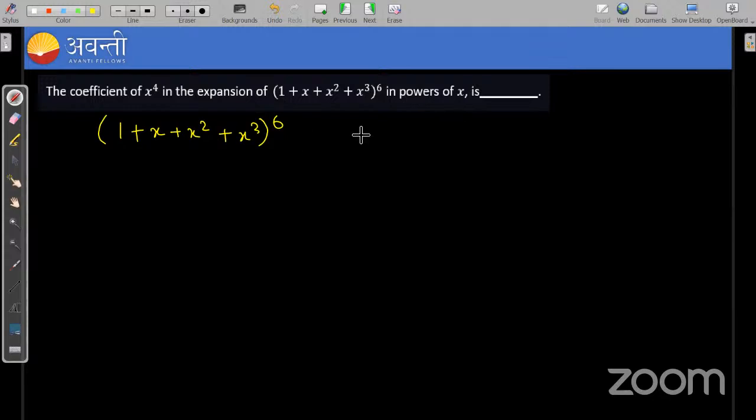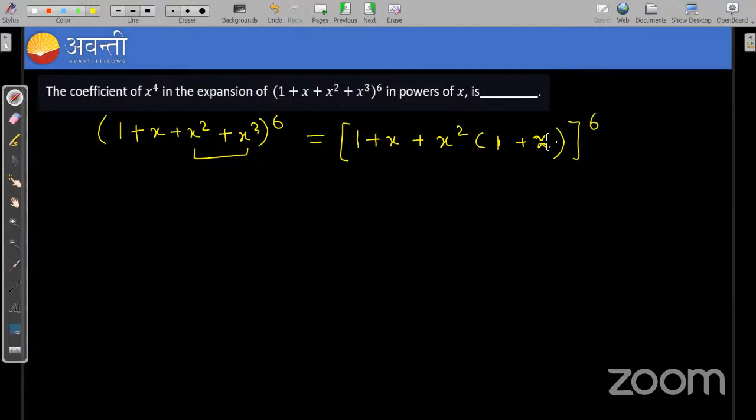This can be written as 1 + x, and if you take x square common from these two terms, we get x square times (x + 1), that is 1 + x, whole to the power 6.